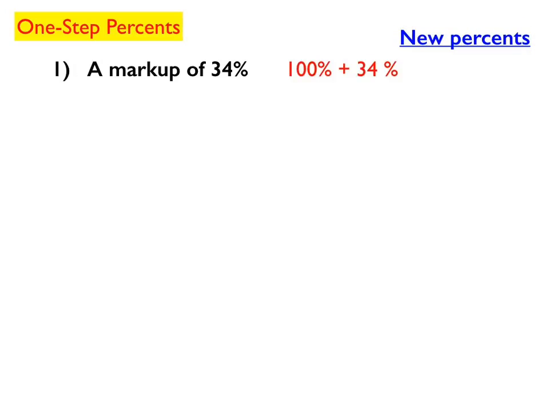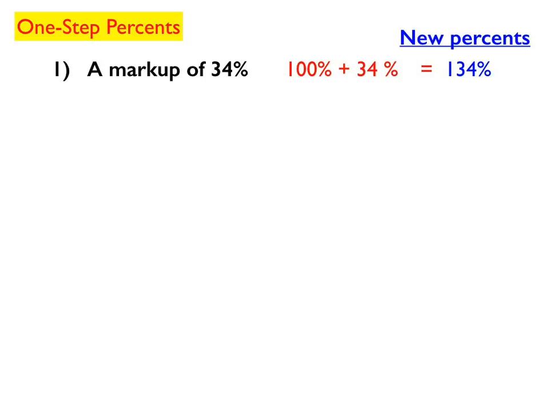Okay. So let's practice finding those percents. If it's a markup, you're paying extra money, right? So that's going to be add or subtract. Add. So 100% of the price, always start with 100, plus the markup, which is 34%, means you as a customer, you are paying 134% of that price.